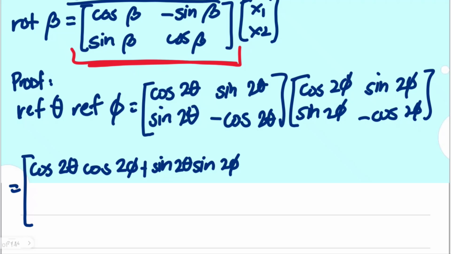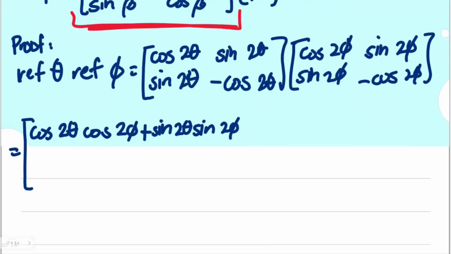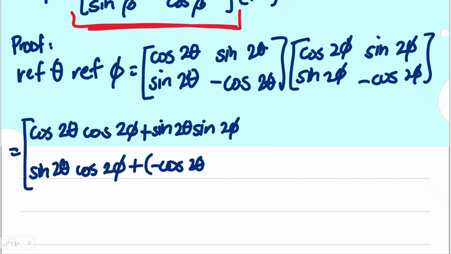Let me erase this portion or make it a little more compressed, because I need to reserve this space for the next result. This time, this one and this: sine twice theta, cosine twice phi, plus negative cosine twice theta, sine twice phi.